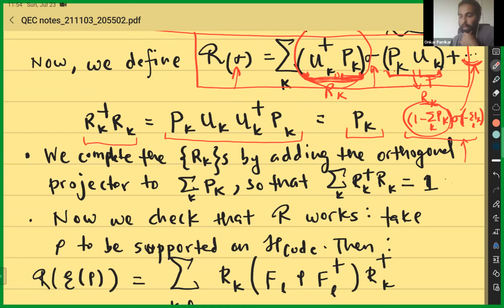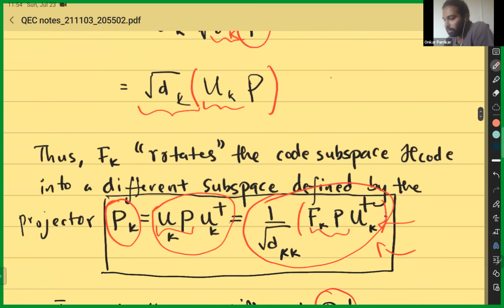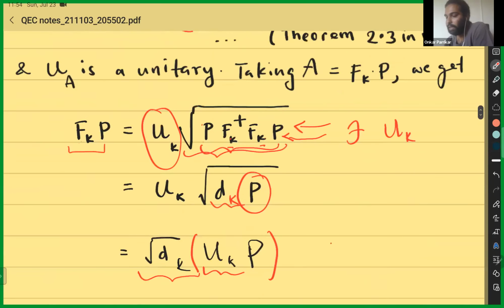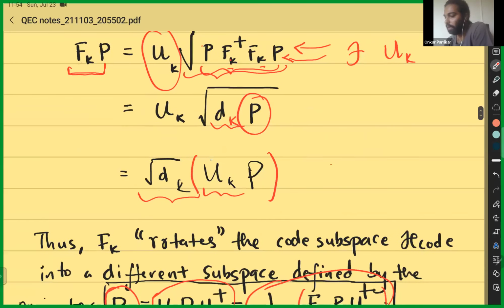The intuition, Gautam, is that the way Fk acts on the code subspace P is that it just rotates P by this unitary operator UK. So intuitively, all you have to do is, this formula is getting a bit cluttered, but all you have to do is check whether the kth error happened and then rotate back.